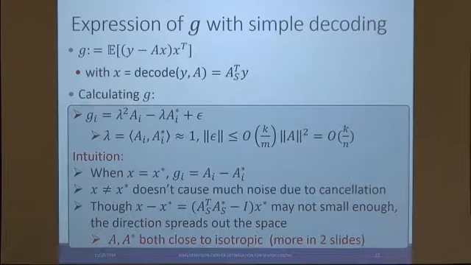And here we use the fact that A and A star are both close to isotropic. The important thing is that we also use A is close to isotropic, which we cannot really guarantee, right? Because A is our estimate, and A star is the ground truth. We can assume that A star is close to isotropic, but how do you maintain A to be isotropic? I will talk about that in two slides.